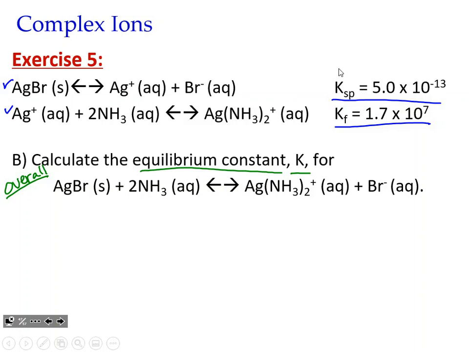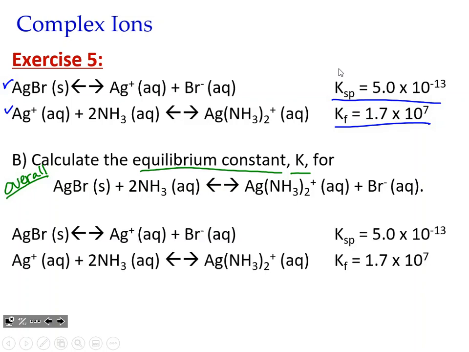Okay, so let's take a look here. Do we need to flip anything? Do we need to multiply through by anything? Because we're just trying to get silver bromide, ammonia, silver ammonia complex, and the bromide.